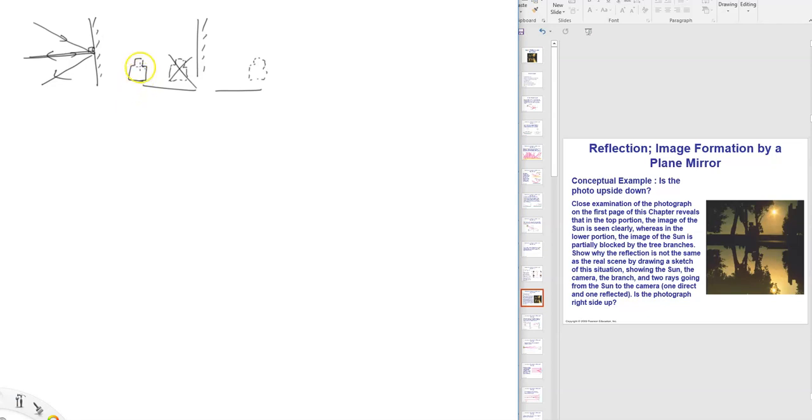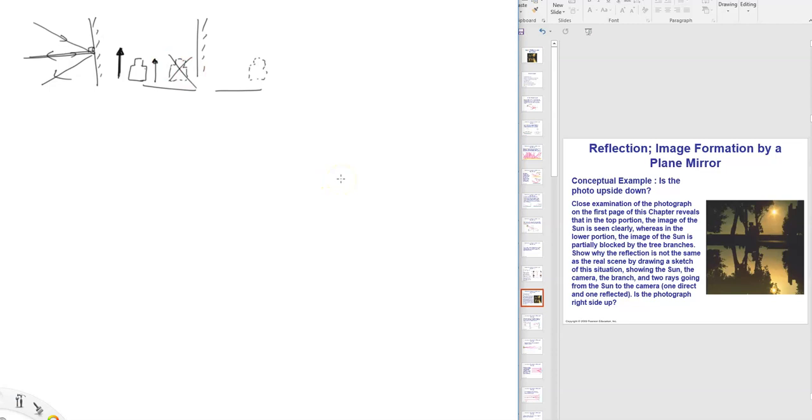It can be a bottle, a person, a tree. We just use an upright arrow to indicate the object. So the height of the arrow is the height of the object, and the arrowhead tells you the orientation. So this is upright, like this bottle. Okay, so in this case, it has to be an arrow the height of the bottle.